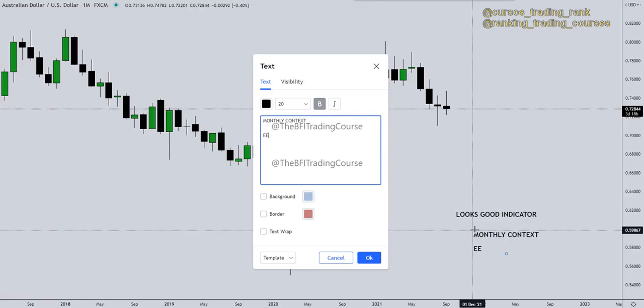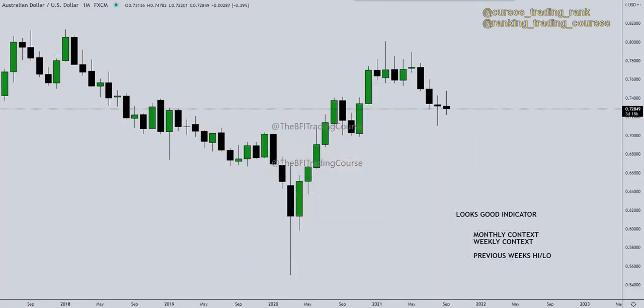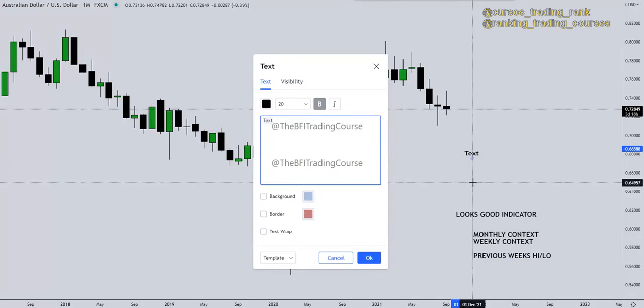I have the weekly context as well, and not only that, but previous week's high and low. That's also important. So when you want to take a trade, let's say you take a trade on the 15-minute off a 4 hour zone.